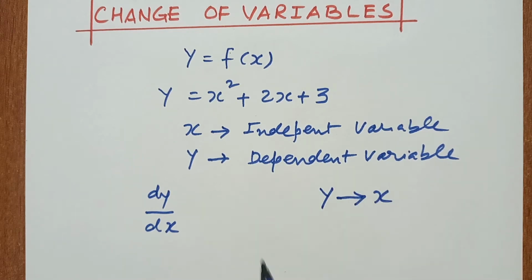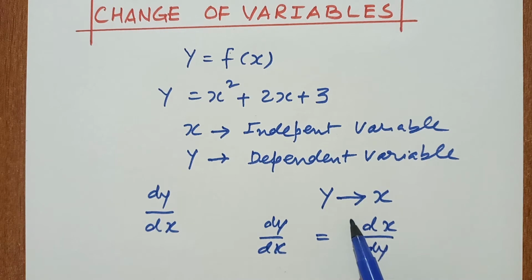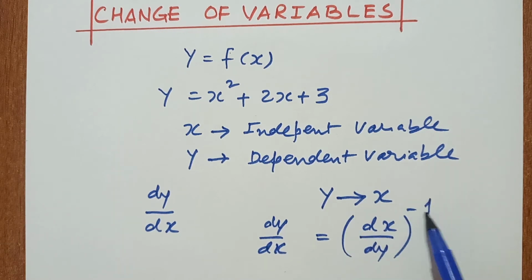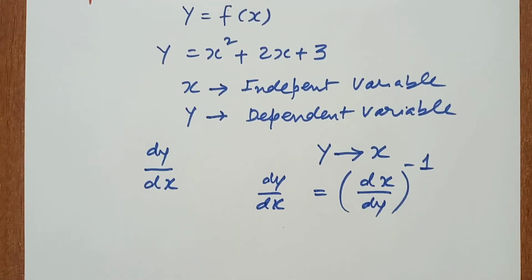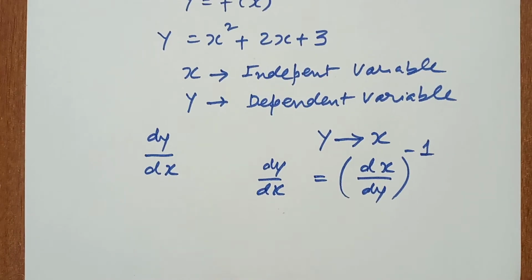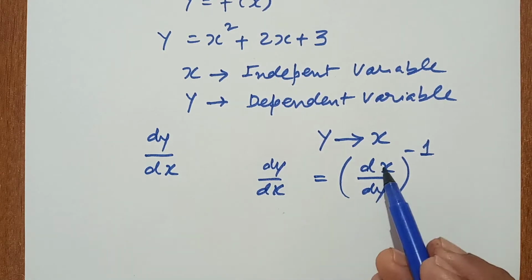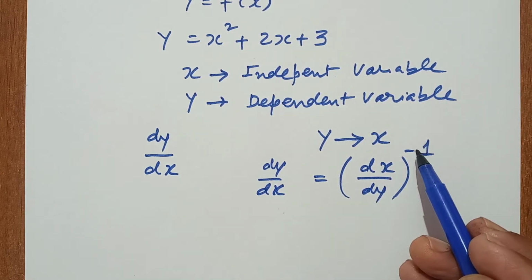It means dy by dx is equal to (dx by dy) to the power minus 1. So what is the change of the second derivative? First we see dy by dx is equal to (dx upon dy) to the power minus 1.